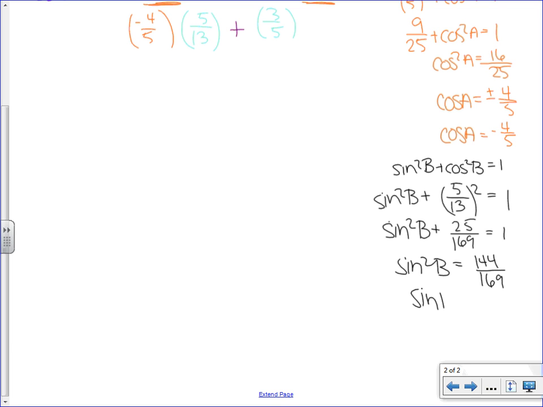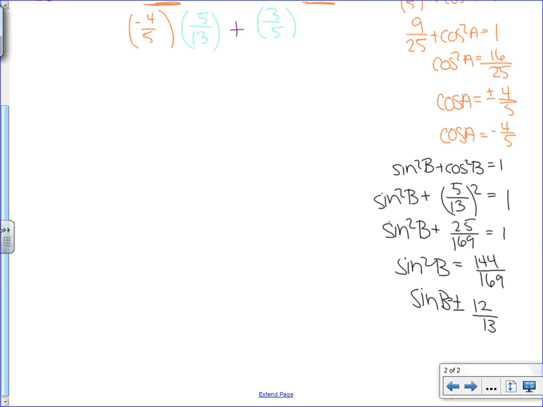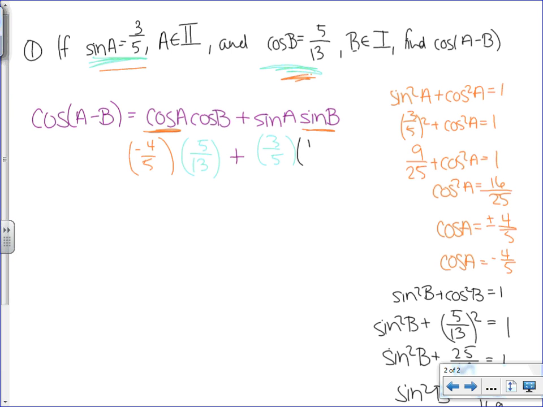Or sine B, when you take the square root, is equal to plus or minus 12/13. But they told me that B was in quadrant 1, and in quadrant 1, my signs are positive, so I don't care about the negative. Sine B is equal to positive 12 over 13. So that is what I'm going to plug in up here.